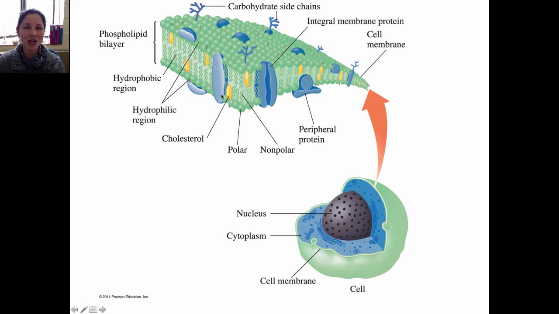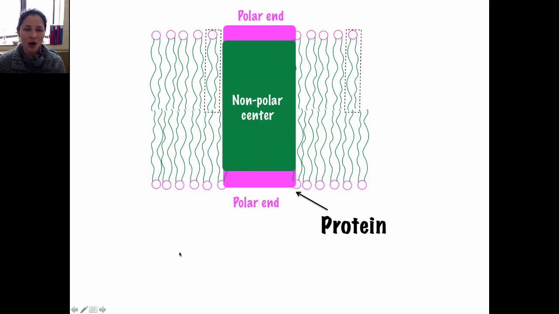If I would want to draw a cartoon of a protein like this, I might draw this structure, where here's my protein with a nonpolar center on the exterior of the protein and polar groups on the exterior of the ends. These proteins align themselves with phospholipid bilayers like this, where the polar ends match the polar ends of the phospholipids, and the nonpolar center matches the nonpolar hydrocarbon tails.